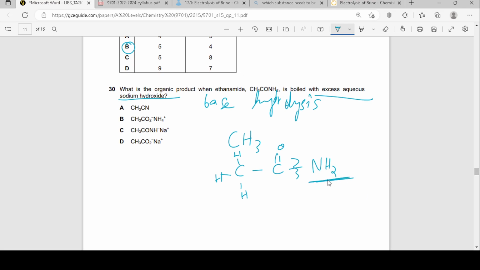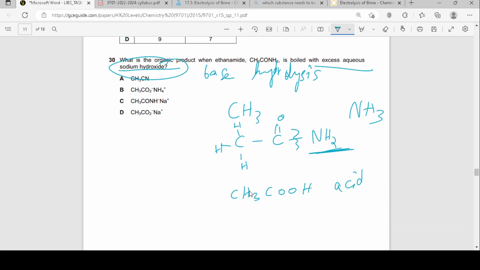So this is going to just give you, I guess, NH3 on this side. But over here, you're going to get CH3COOH firstly, but then because it's a basic environment and this is an acid, it's going to basically react with NaOH, right? That's the basic environment. You have NaOH aqueous. So then basically what do you get? You get CH3COO minus ion and then Na plus, right?